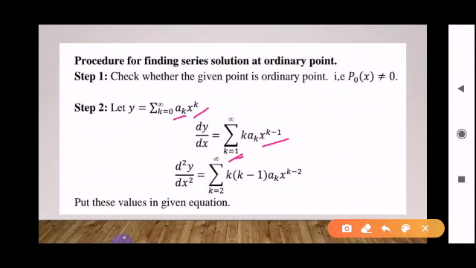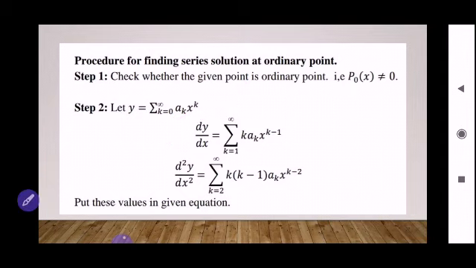Because if we expand this series for k equal to 1, 2, 3, 4, then we will get all powers of x positive, because this is a power series and the powers of x are positive, not negative. If we started this series from k equal to 0, x to the power 0 minus 1 would be x raised to minus 1, meaning the power of x would become negative. So after taking the first derivative, in the summation k starts from 1.